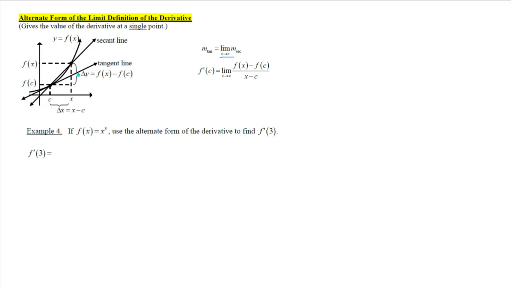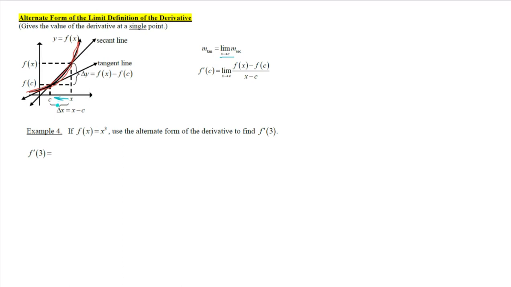And so if we take a look at the diagram that we were using earlier, we've got our arc here, our f of x coming up along the curve. What's happening is we're looking for the value as our x gets closer and closer towards c. And so we actually have values for both. We have the value of x and we have the value of c.